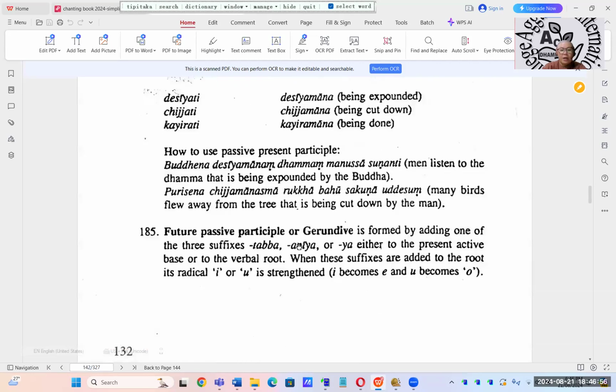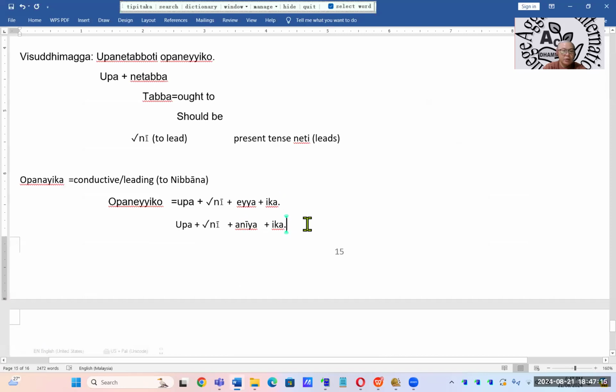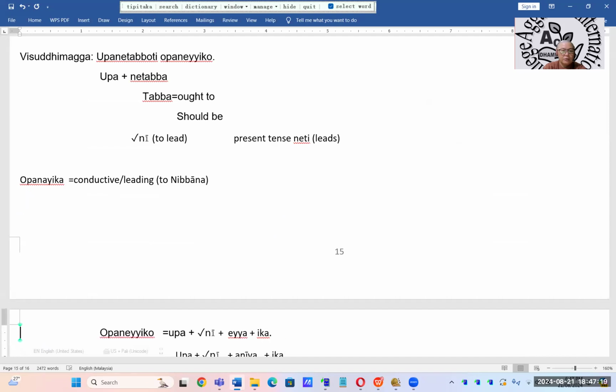This one. Taba, aniya, ya. Or maybe we can put the ya suffix also. Taba, aniya, ya. Look at the 1, 3, and 2. And then when it's added, the roots are strengthened. Strengthened means I becomes E, U becomes O. So the root has some, maybe instead of this one, or we can put another possibility, put the ya also.